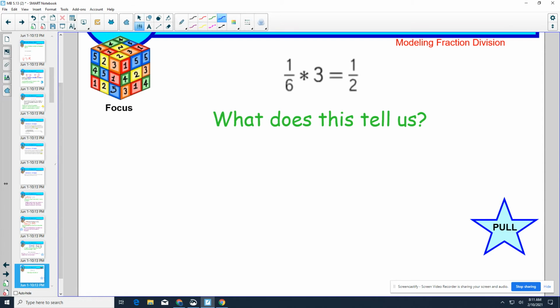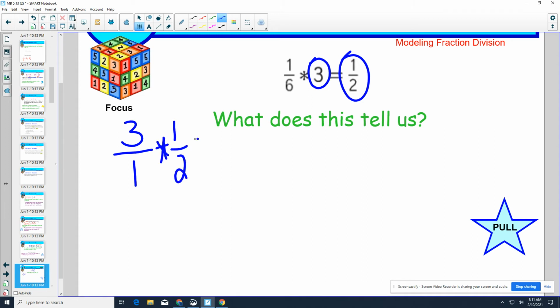I can again use multiplication here to check. So I'm going to take my divisor and multiply it by my quotient. So I'm going to say 3 over 1 for my whole number of 3. And I'm going to multiply it by 1/2. And I should end up with 1/6. But let's see. Ooh, that didn't work, did it? So what does that mean then?